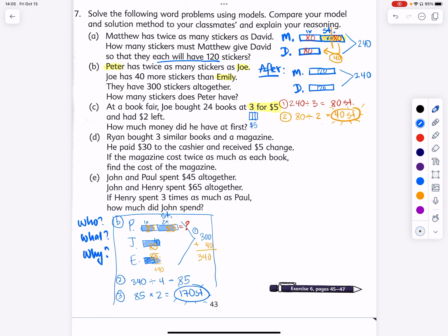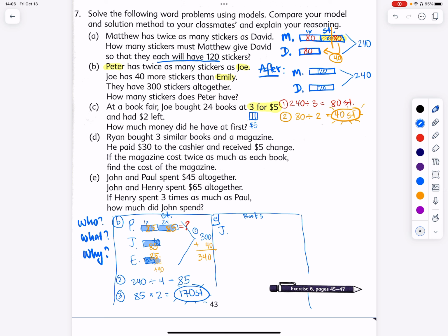All right, let's expand on that idea. I'm going to solve problem C right here in this space below. So we have Joe. Who is the problem talking about? Joe. What is the problem talking about? It's talking about his books. What does the problem tell us about his books?